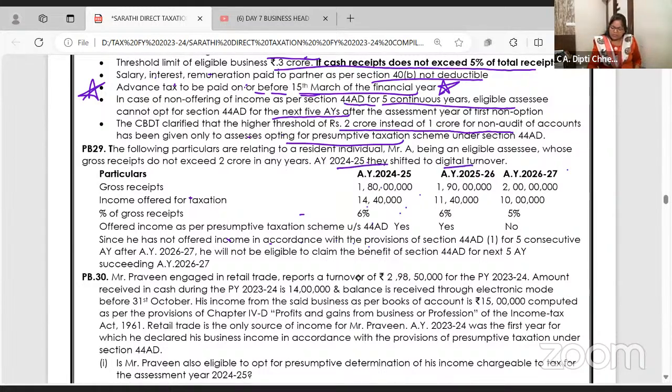So at 6%, can they show the profit and go for this? Yes, because their turnover is 180 lakhs. If the turnover exceeds 2 crore, can you show net profit of 5%? No, you have to show minimum 6% because this is a digital turnover. And if it is not digital, then you have to show 8% of turnover.